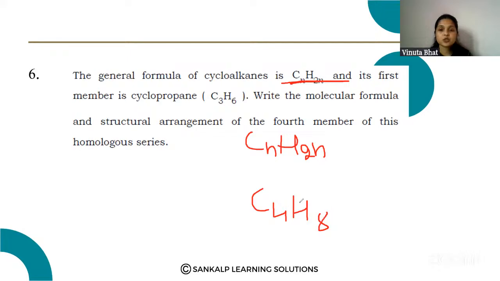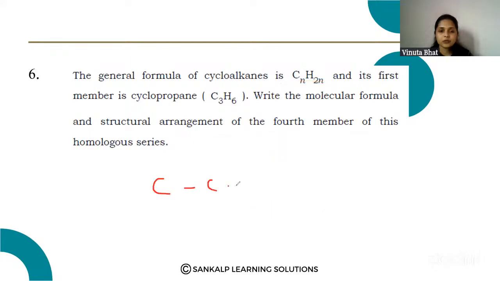For the structural arrangement, carbon 1, 2, 3, 4 and hydrogens 1 to 8. But the carbon valency is not fulfilled here, so first you have to fulfill the carbon valency.